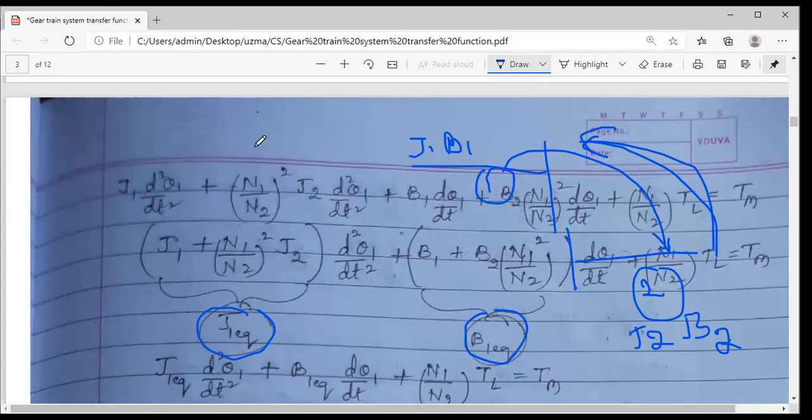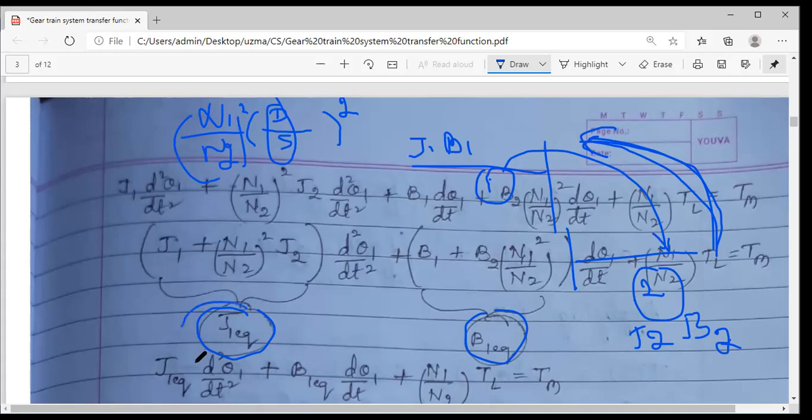As I have told you, each term gets multiplied by a ratio squared. The numerator is your destination teeth and the denominator is your source teeth. If the reflection is 2 to 1, then 1 is your destination and 2 is your source. So the general ratio is n1 by n2, whole square, and each term gets multiplied by this.